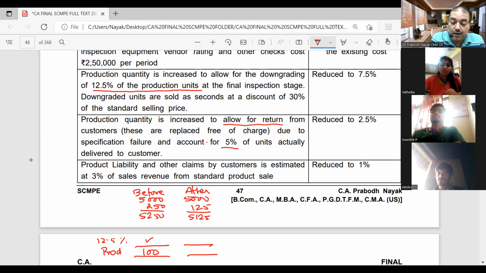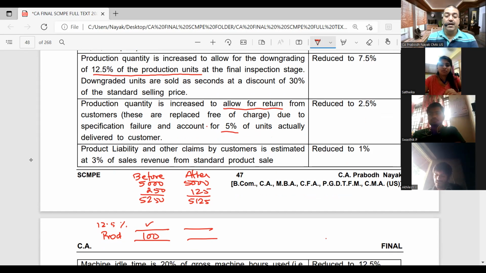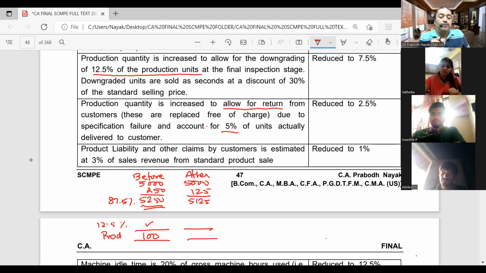Okay, this part is 87.5%. Have you followed? This particular part that I'm having is 87.5%. So 5,250 is 87.5%. 12.5% of total production units at the final inspection stage.